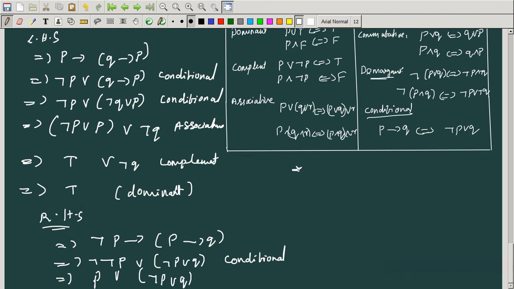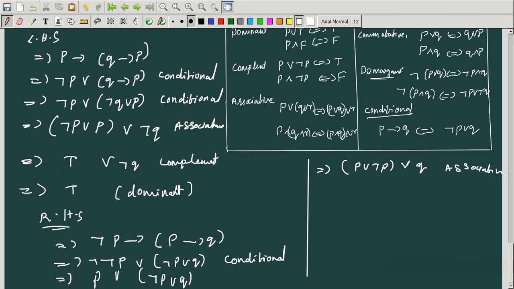Next, here we have the previous one, P or negation P or Q. Then I'm going to do associative, that is P or negation P or Q. Here what I did is associative.